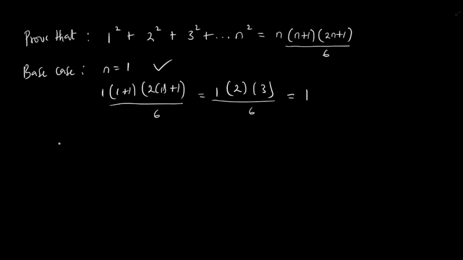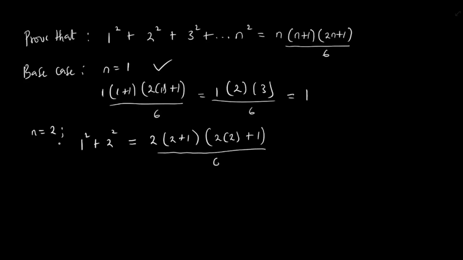Then we can also check for n equals 2. Don't forget, if you are checking for n equals 2, we add up the first two terms. 1 squared plus 2 squared equals, then you substitute n equals 2 at the right hand side. So we have 2 times 2 plus 1, then 2 multiplied by 2 plus 1 over 6.